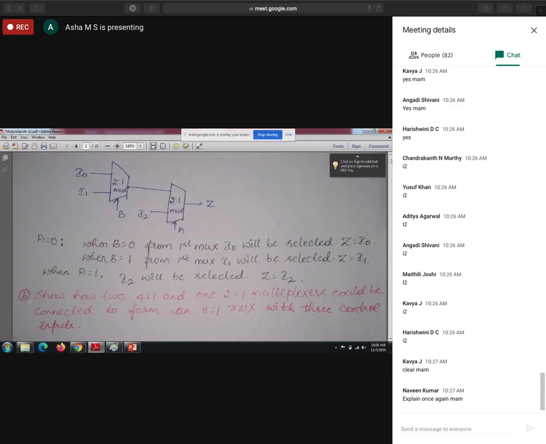Once you copy this, copy the second question also: show how two 4 to 1 muxes and one 2 to 1 mux could be connected. After copying the answer for the first one, just copy the second question.